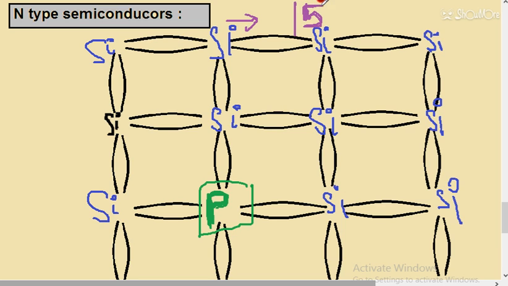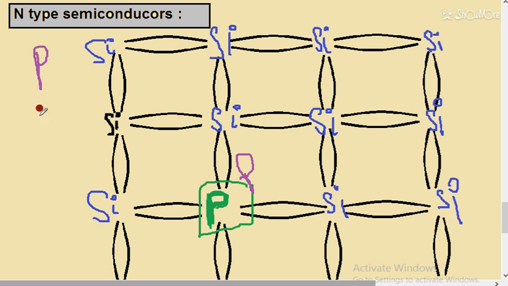So a group 15 element is added to group 14. Group 14 is the semiconductor group. So group number 14 is the semiconductor group, and we add the impurity of the 15th group to the 14th group. I hope it is clear. The group number 15 element is added to the group number 14. Phosphorus belongs to group number 15.